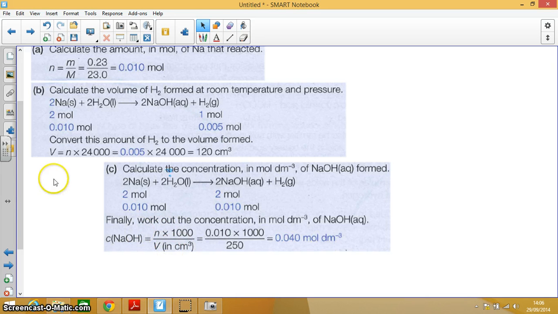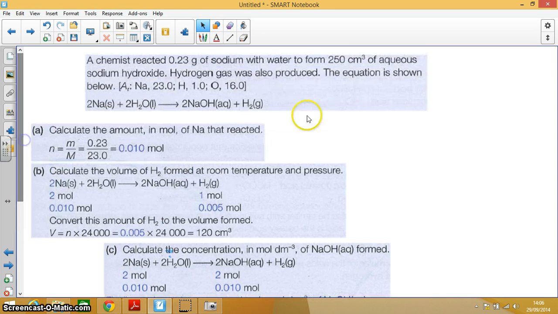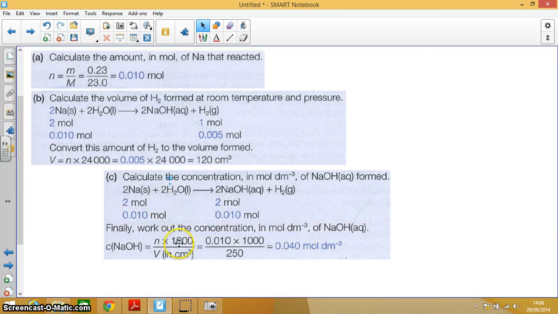But as in the question, we are given a volume in centimeters cubed, hence the need for the multiplication of 1000. So we know the number of moles of sodium hydroxide formed, which is 0.01.